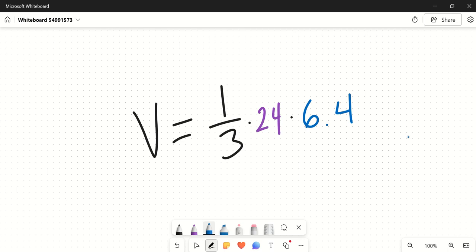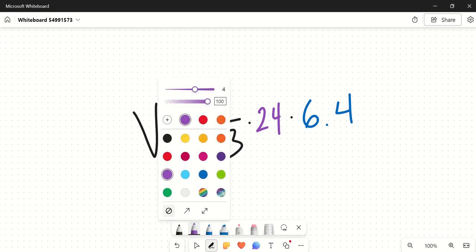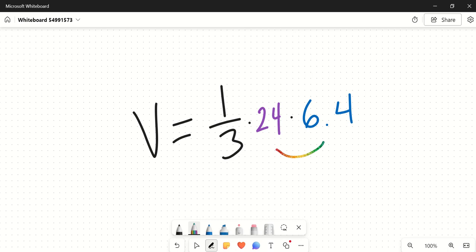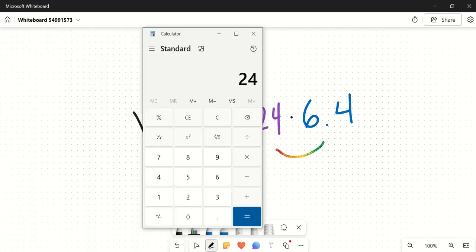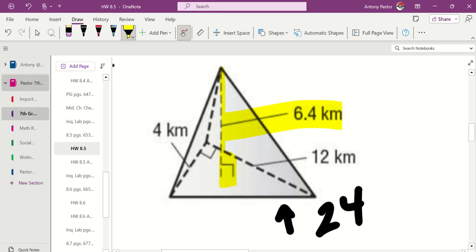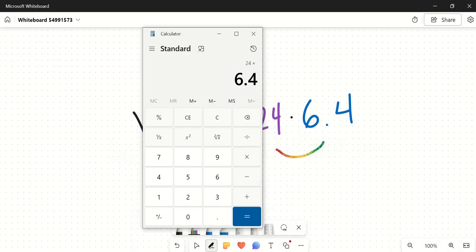So they multiplied 6.4 and 24, and then divided it by 3. Remember, we found 24 because we already found the base of the triangle. The triangle was 4 by 12. That's 48, divided by 2 is 24. That's why the base is 24.